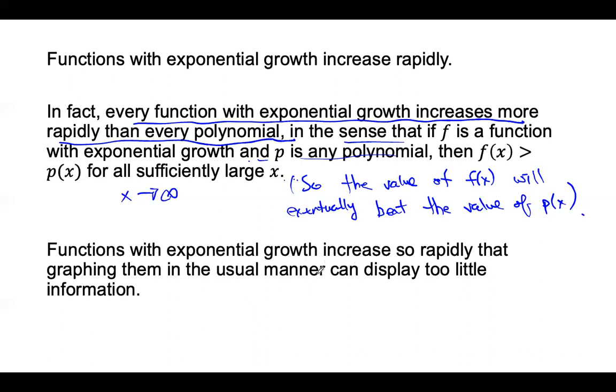These exponential growth functions increase so rapidly that graphing them in the usual manner can display too little information. It's difficult to scale them. For example, let's say f of x equals 5 times 10 to the exponent x.